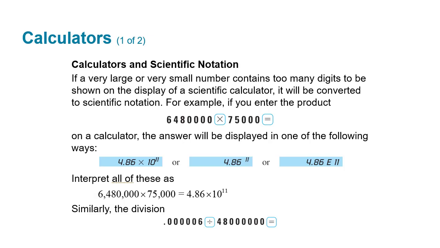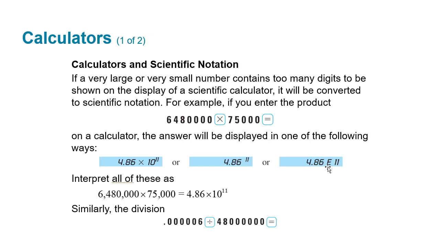Your calculator can sometimes work with scientific notation, and it can oftentimes display things in scientific notation if you change the mode. So you could just take the two big numbers, multiply them together, and the calculator will list the answer in scientific notation. Oftentimes, most calculators I see use this one on the right, where it'll say 4.86 e to the 11th.